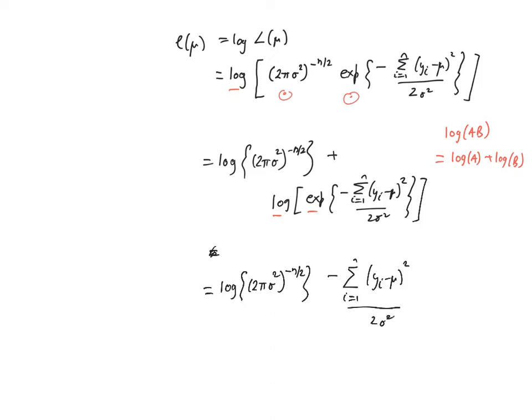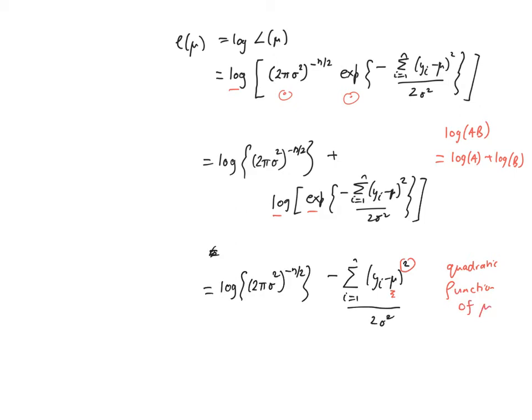So the log and the exp have cancelled each other out, and we're left with a quadratic function of mu. There's mu, there's the square, so we have a quadratic function of mu.